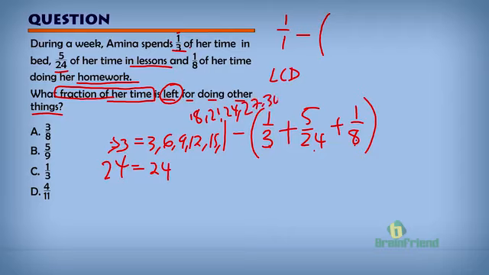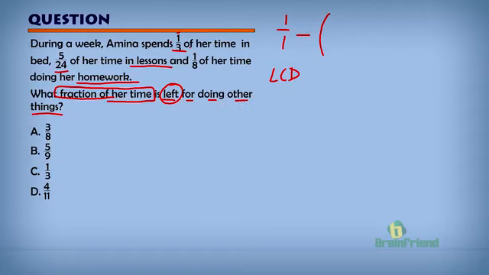While multiples of 8 would be 8, 8 times 2 is 16, times 3 is 24, times 4 is 32. So what is a common denominator here? 24 is common, and it is also the least.